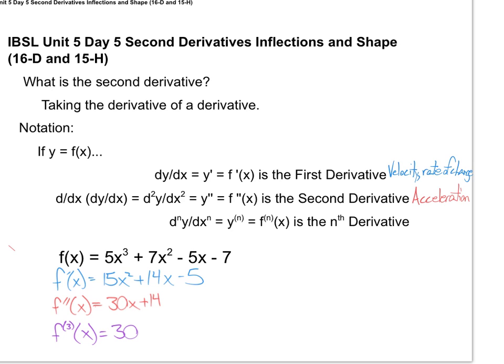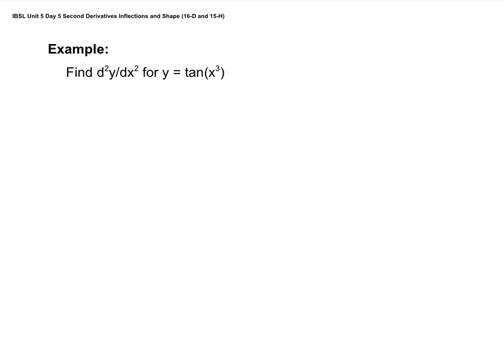Now, let's actually try one of these, okay? We're going to find the second derivative for tangent of x cubed. Okay? Tangent of x cubed. So, obviously, to find the second derivative, I first have to find the first derivative. Okay? So, I'm going to find dy dx.